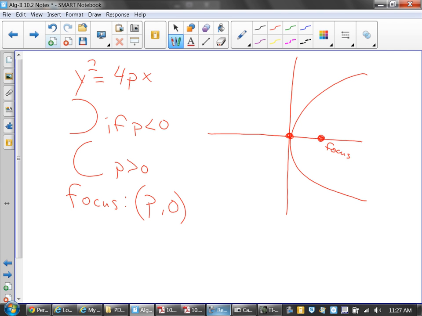Yeah. Since this is opening going left or right, it's got the axis of symmetry at y equals. So that means your directrix is going to be x equals the opposite of p. When it's at the origin, yes. Yeah. It'll always lie on the axis of symmetry of the parabola.